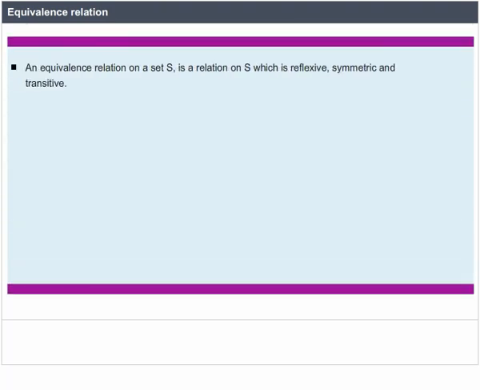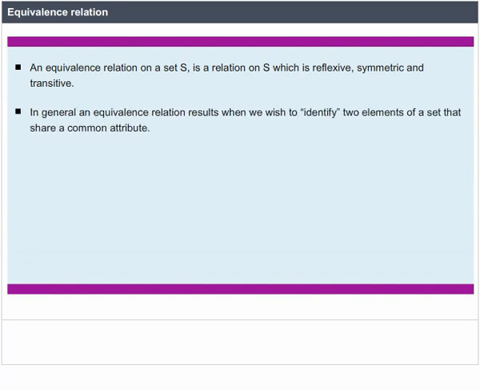Equivalence relation. An equivalence relation on a set S is a relation on S which is reflexive, symmetric and transitive. In general, an equivalence relation results when we wish to identify two elements of a set that share a common attribute.